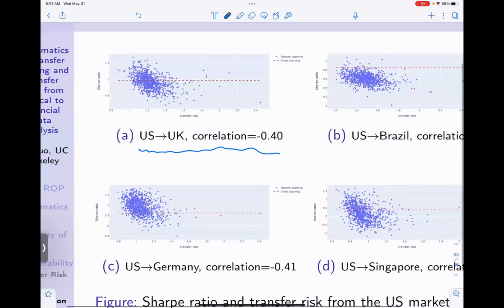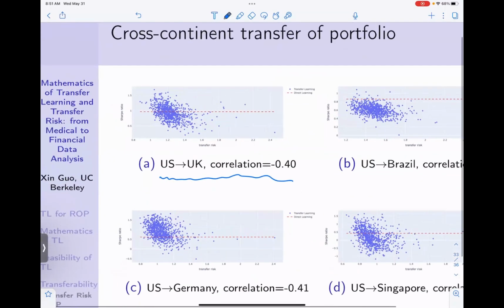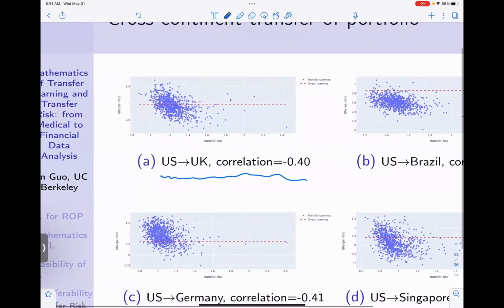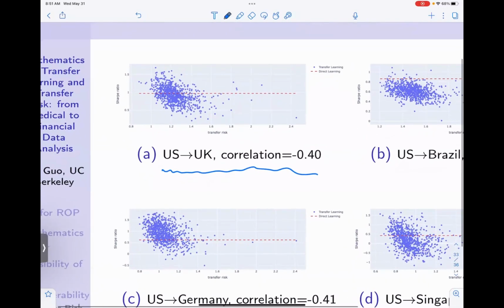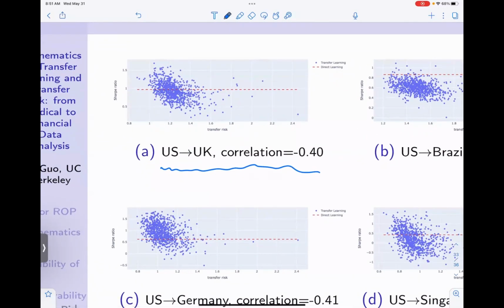What is interesting, and this is very preliminary data I'm showing, I hope to show you a better one, is that one of the surprising things we found is, if you see the line above the red, the correlation or the transferability between US and Germany is on average better than US and UK.